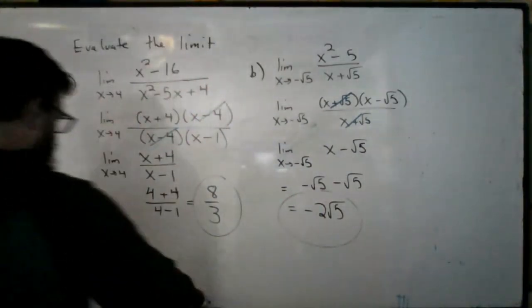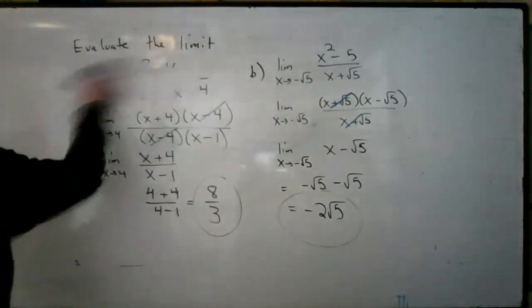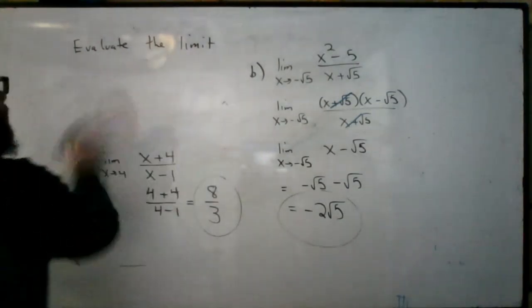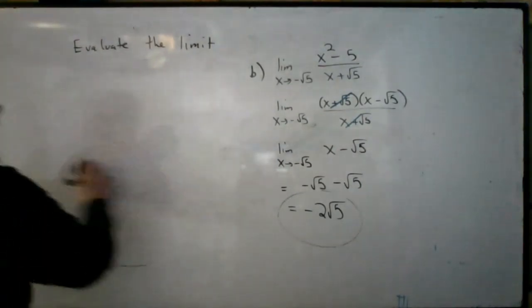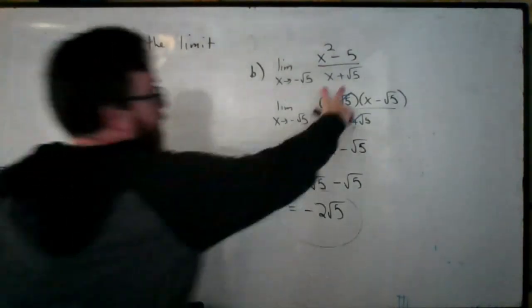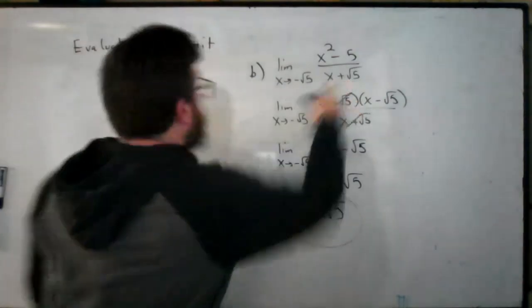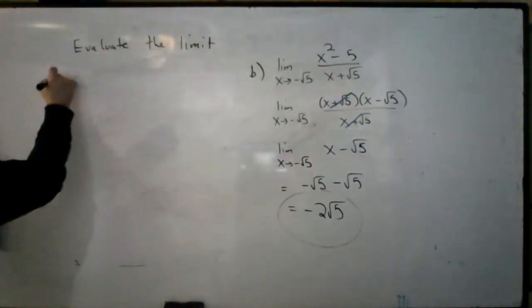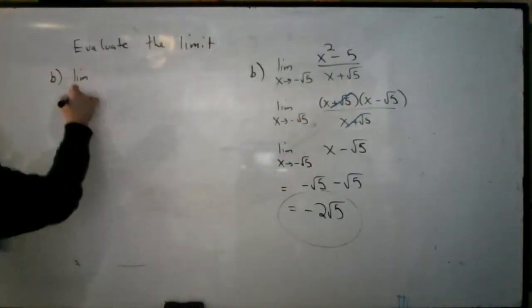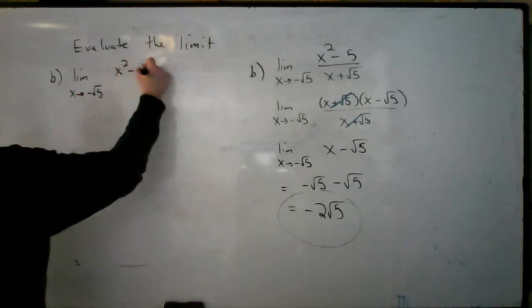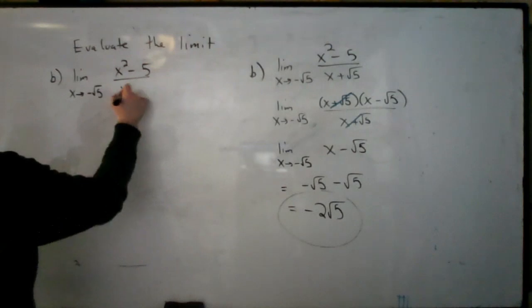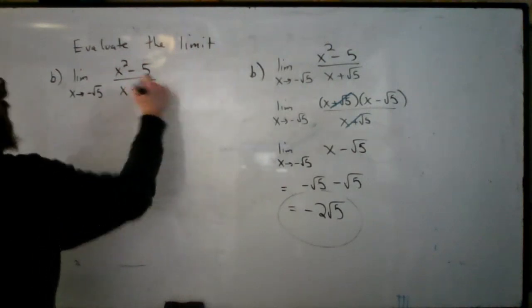Now I want to do B again using the conjugate method. It tends to be more powerful and more general when evaluating limits that have radicals in the binomial. So we'll just do B again. I want to take the limit as x approaches minus root 5 of (x squared minus 5) all over (x plus root 5).